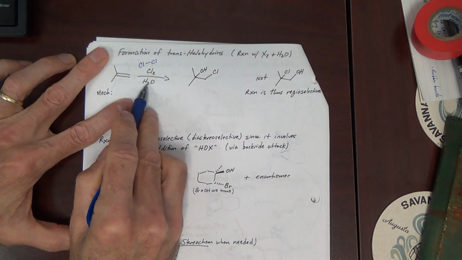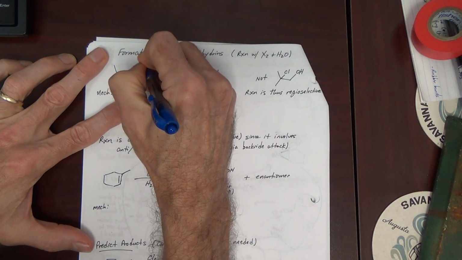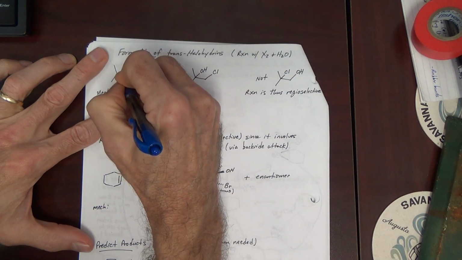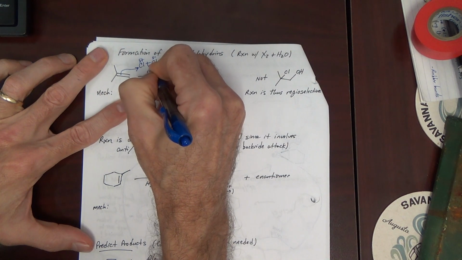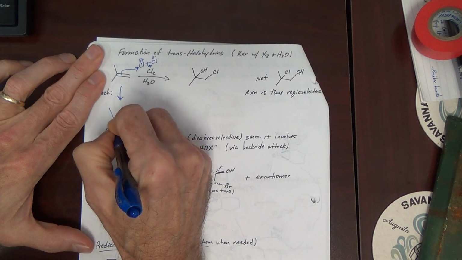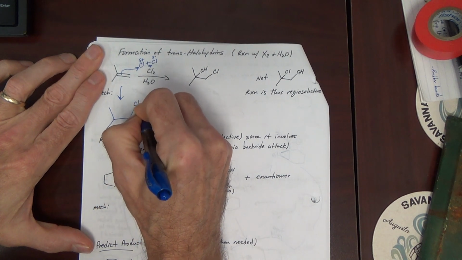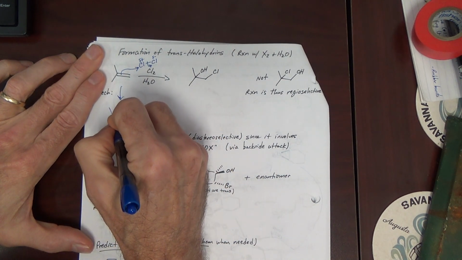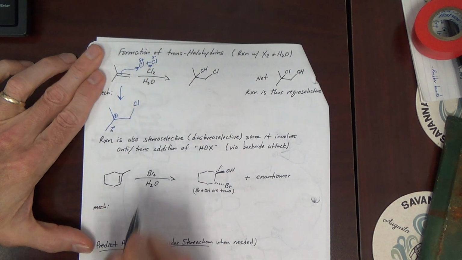Alkenes don't react with pure water. We can induce a dipole. These electrons can attack that, kick that one off, and that's going to give Cl minus and a carbocation here, tertiary.